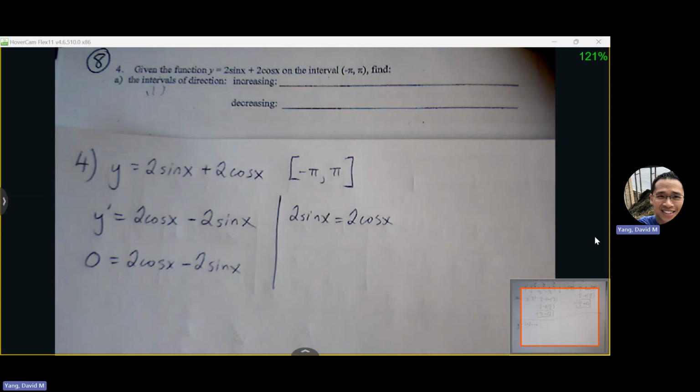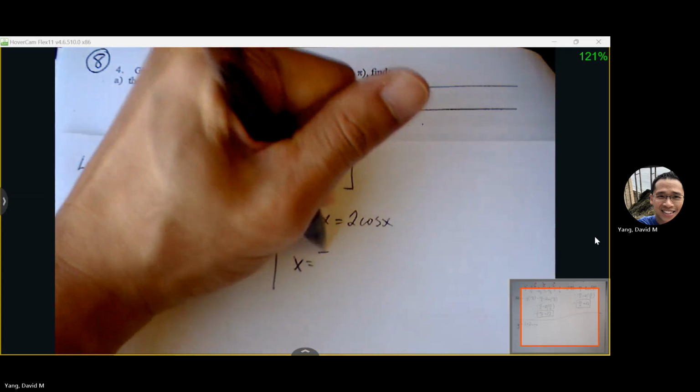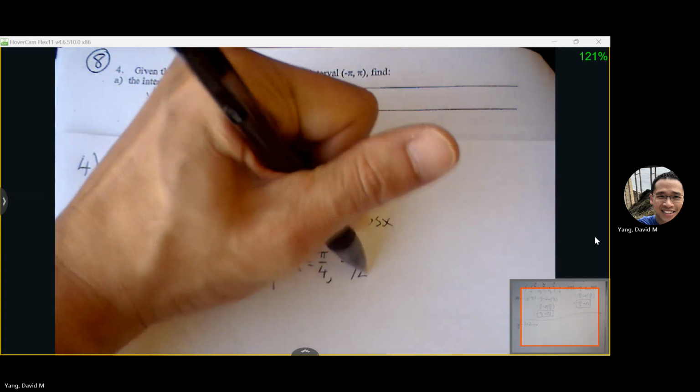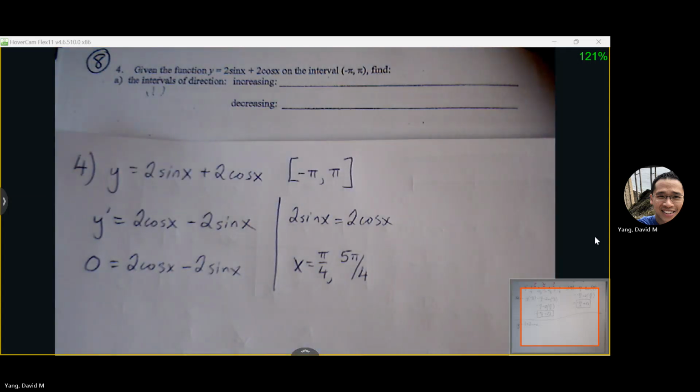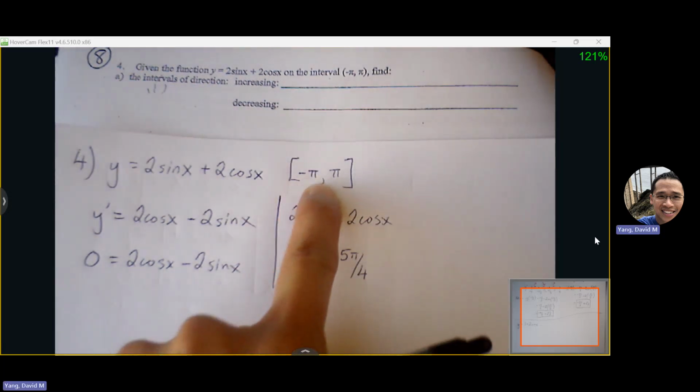Okay, trying to find where is sine equal to cosine. It's going to be in that pi/4 family, first and third quadrant, right? But 5 pi/4 doesn't quite land inside the interval from -pi to pi.